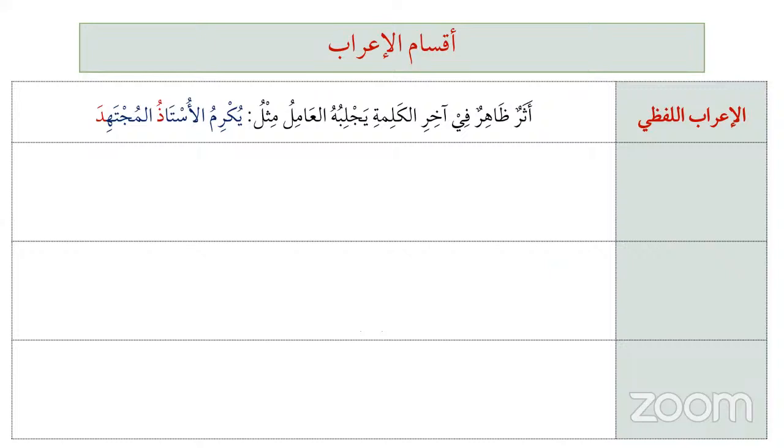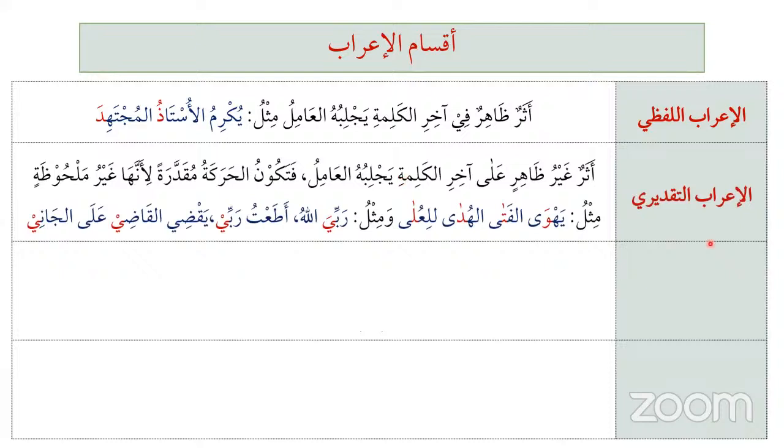Next we have al-i'rab at-taqdiri. I'rab which is assumed. So it's not evident. أثر غير ظاهر على آخر الكلمة يجلبه العامل.